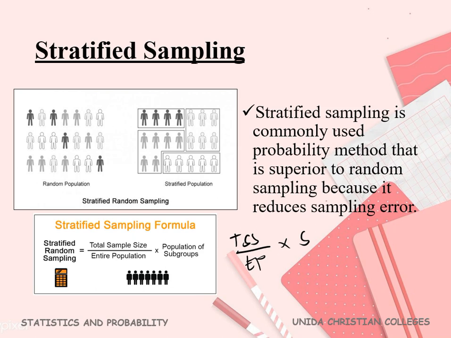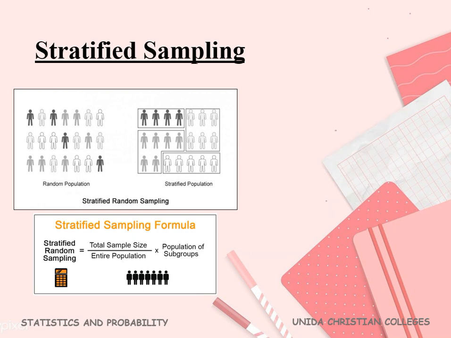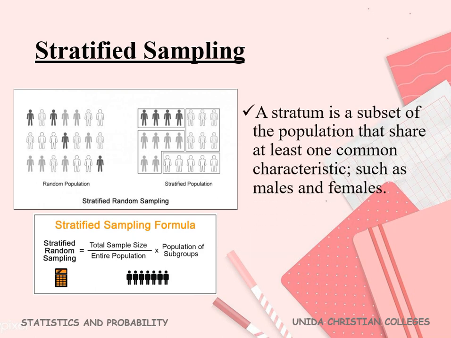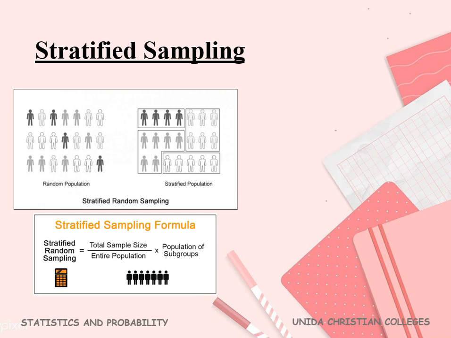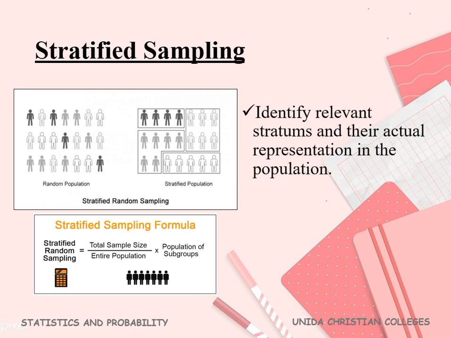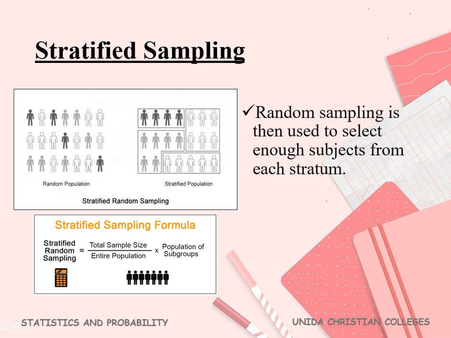So, stratified sampling is commonly used probability method that is superior to random sampling because it reduces sampling error. A stratum is a subset of the population that share at least one common characteristic such as males and females. So identify relevant stratums and their actual representation in the population.